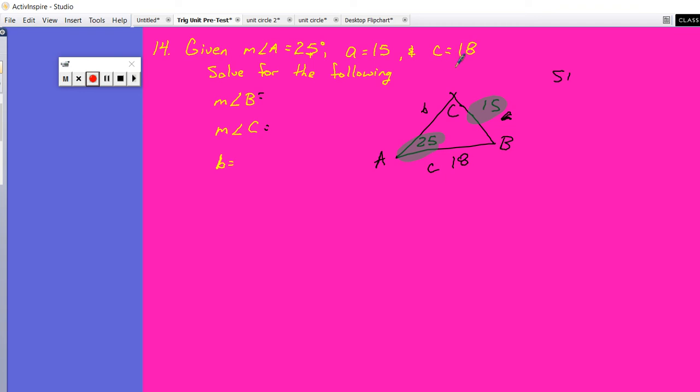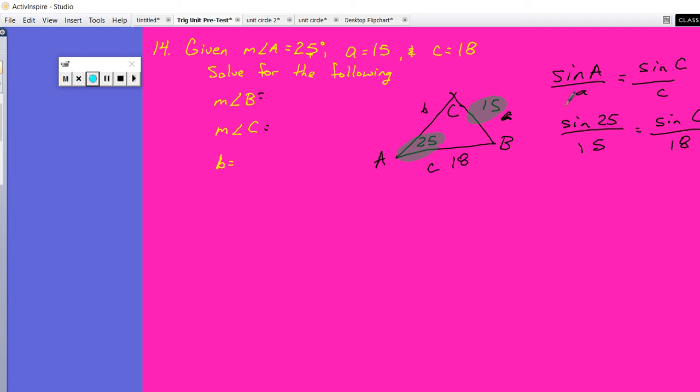So I'm going to say sine of angle A over little a equals sine of angle C over little c. So sine of 25 over 15 equals the sine of C over 18. I like to put my unknown on top. That's why I used the angle on top, because I know the side of C, but I didn't know the angle of C. So that's why I put sine of C on top, because that's my unknown quantity.